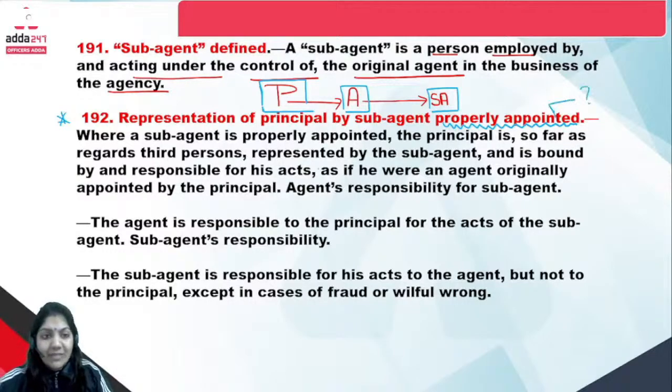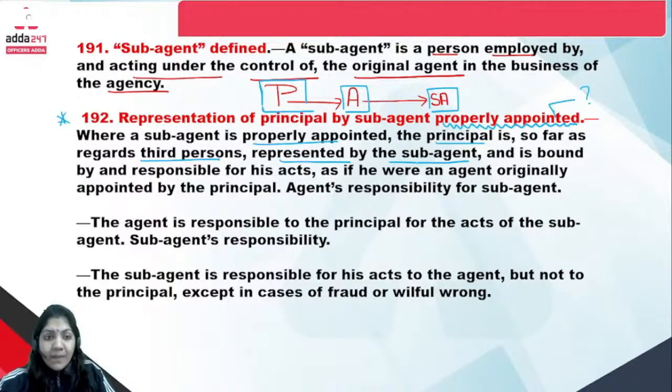Where the sub-agent is properly appointed, the principal, so far as regards the third person, is represented by the sub-agent. It means if the sub-agent is properly appointed, then whatever work is done by the sub-agent will be treated as if the principal had done the work.